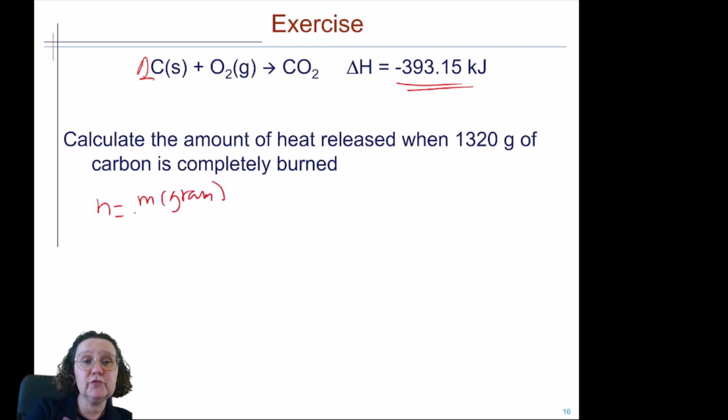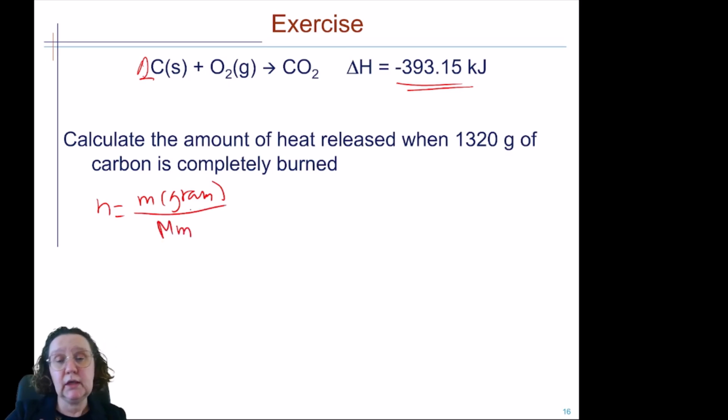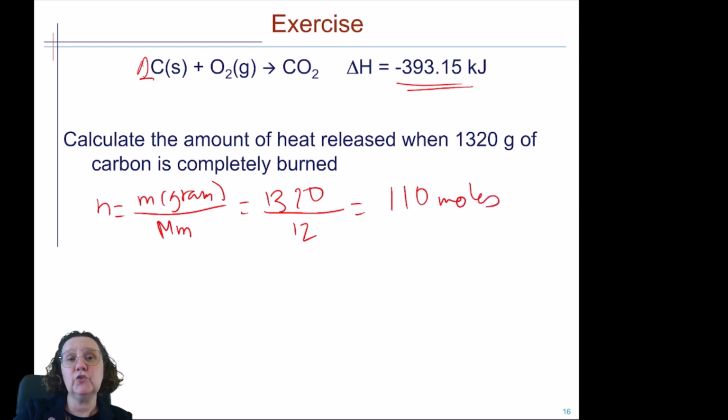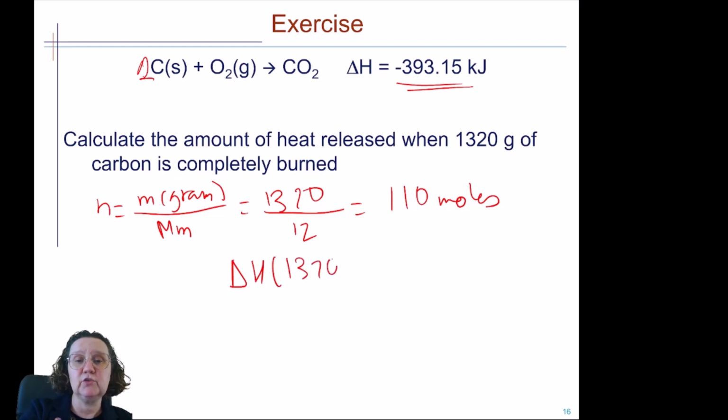The number of moles of carbon will be the mass of carbon, 1,320, divided by the atomic weight, in this case of carbon, which is give or take 12. That is 110 moles. So how much energy will the reaction release if we burn 1,320 grams?